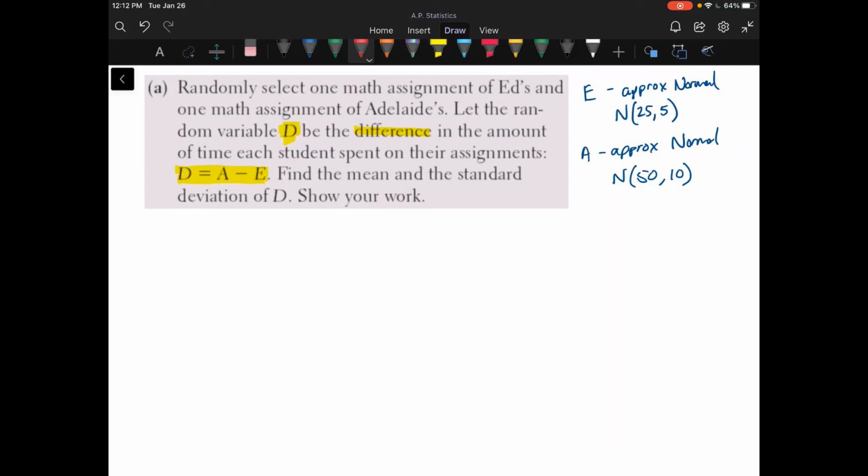We're going to find the mean and standard deviation of D, and we need to show our work. So we already have the mean and standard deviation for E and A separately. Now, when finding the mean, we'll do that first.